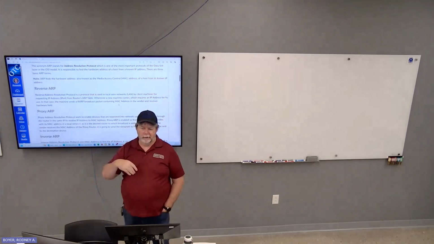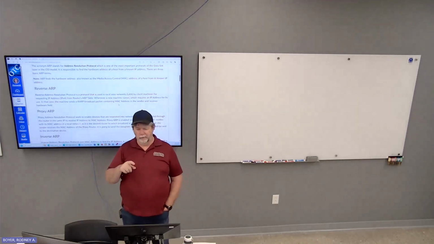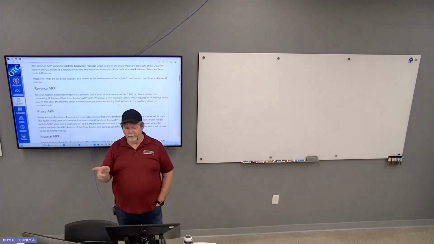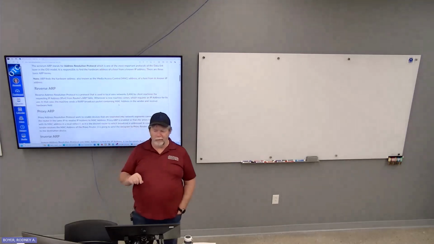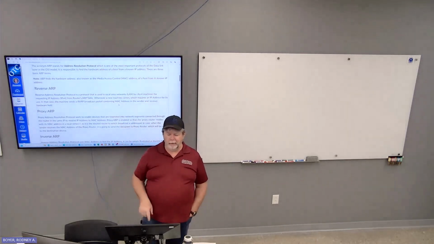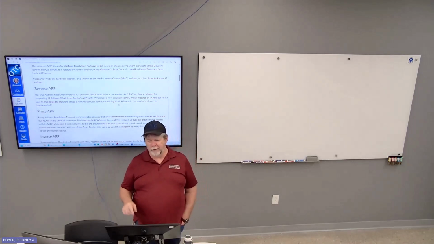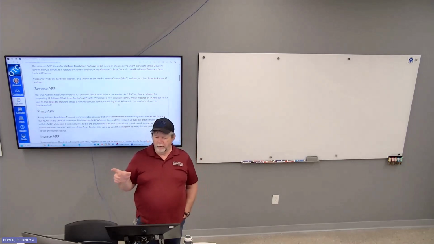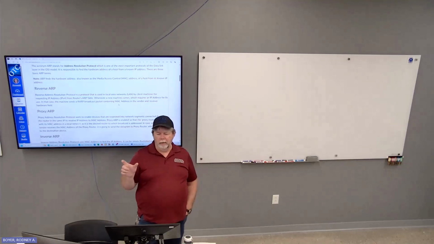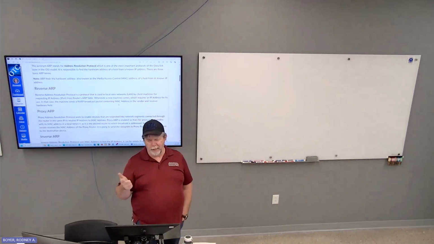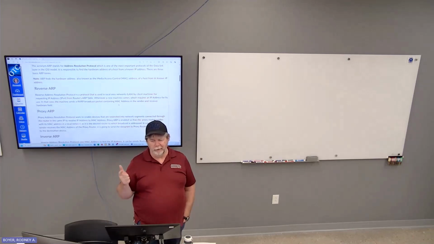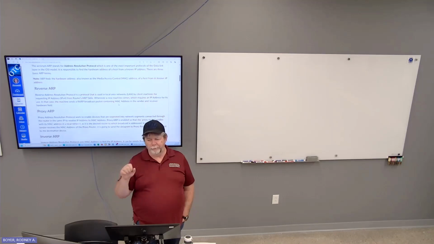Here's my MAC address. So then each device knows how to access that particular IP address. Whenever you're talking about an Ethernet frame, you have source and destination MAC addresses, and source and destination IP addresses are all part of that Ethernet frame. Okay.